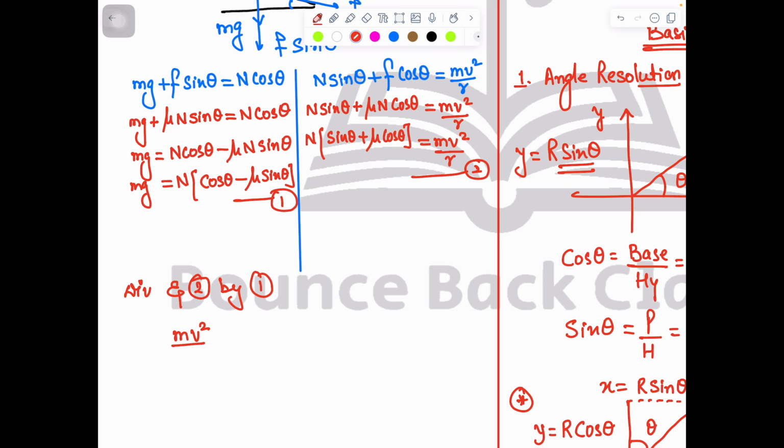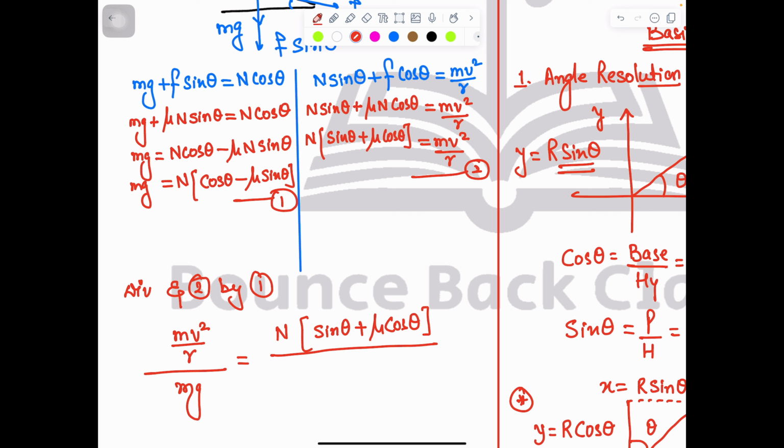So mv square over r divided by mg equals n times (sine theta plus mu cos theta) divided by n times (cos theta minus mu sine theta).